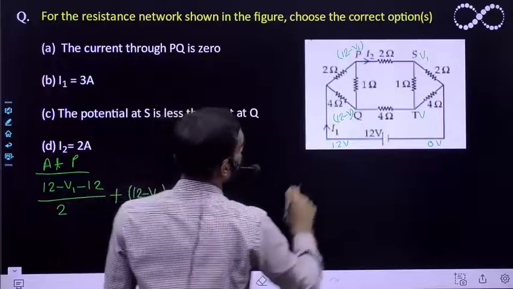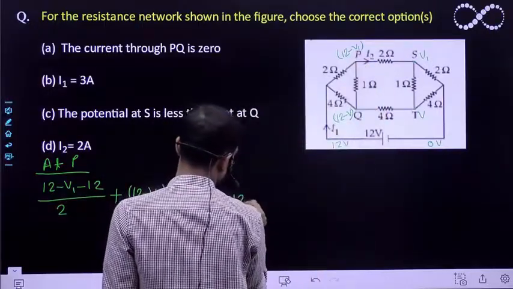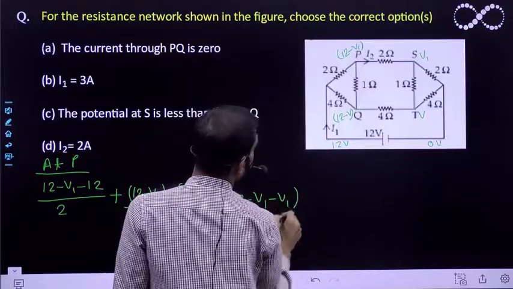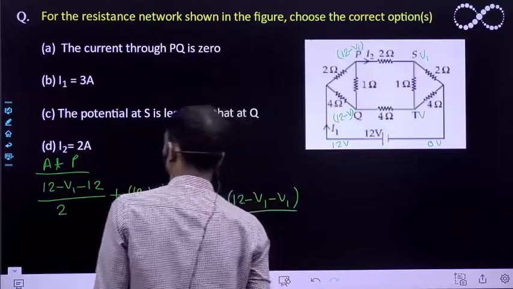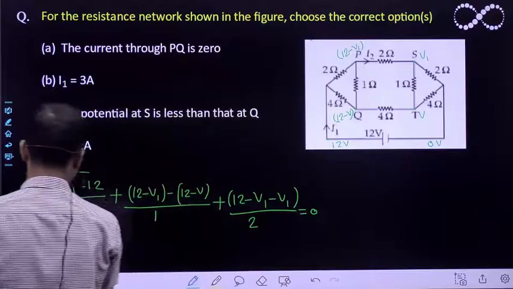Plus, once again, the outgoing current in this direction is (12 minus V1 minus V1) divided by 2. So the total outgoing current must be 0, and we are getting equation 1 here.